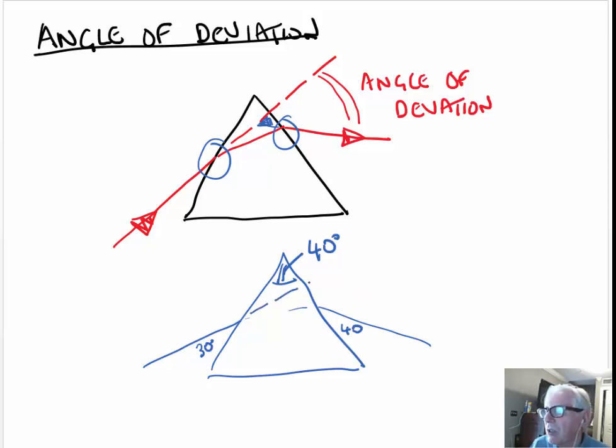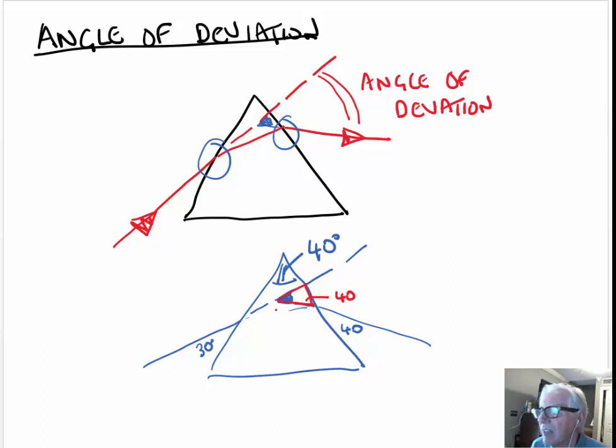So the first thing you've got to do is visualize where the angle of deviation is. And it's there. Then you've got to be able to find it. It's all about the triangle in the middle. I know from geometry that this angle here must be 40 because I have a straight line and a straight line.